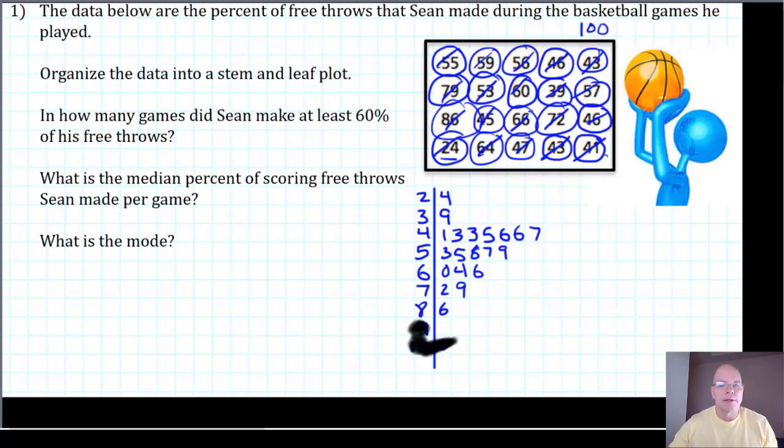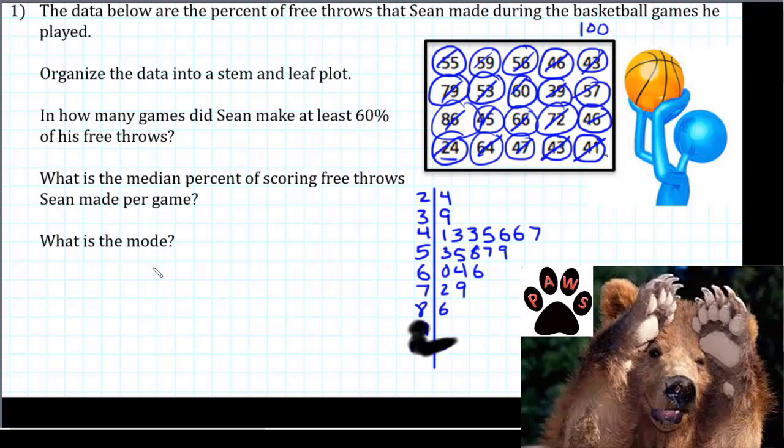What I'd like you to do during the pause is think about, I made an error on the stem and leaf plot on purpose, or more accurate would be to say I made an omission. So during the pause, think about what the omission is and what we still need to include in this stem and leaf plot, and then try to answer the remaining questions, and then come back after the pause to see how you did. Paused.